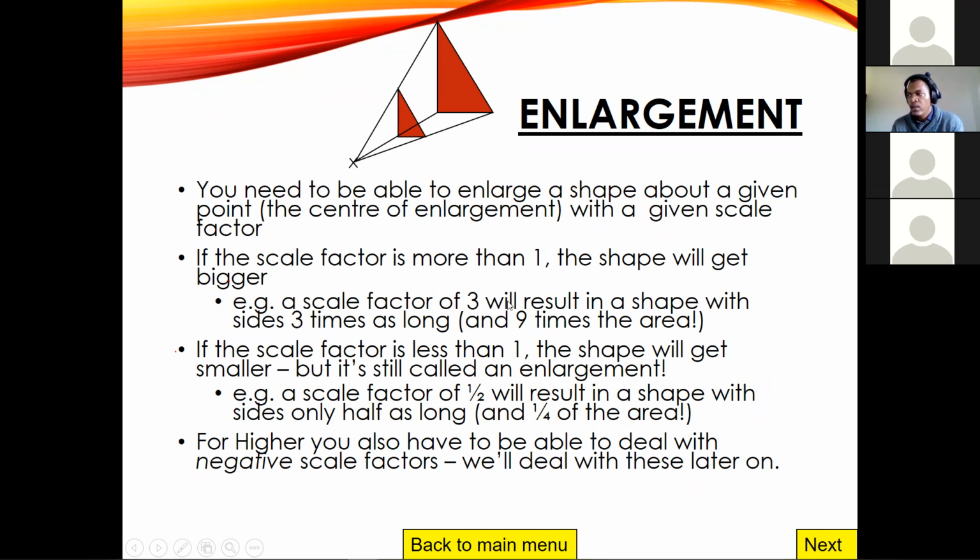A scale factor of 3 will result in a shape 3 times as large or as long as the original size. If the scale factor is less than 1, the shape will get smaller, but it is still called enlargement. That is what I said previously, right? A scale factor of a half will result in a shape with sides only half as long as before, and so forth. So this is now how we say the difference in the scale factor.